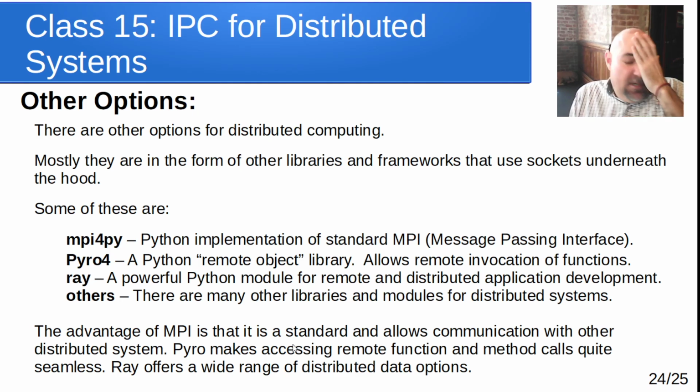Okay, to finish up here, I did want to mention those other options just briefly. There are other distributed computing, interprocess communication methodologies that are available, and most of them are implemented as some sort of library or framework that you can use. Some of them, like I've listed here: MPI, Pyro, Ray, and a lot of other ones.